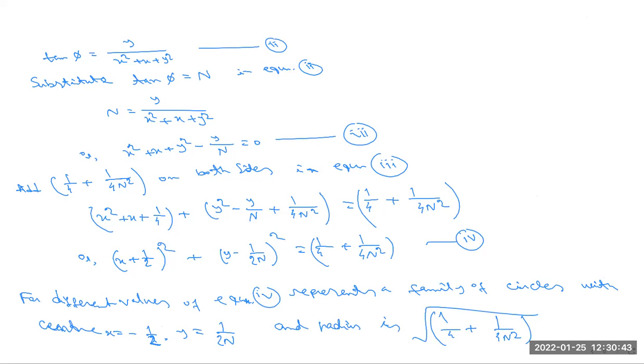Okay, so now we have to prepare the table, the table of the n circles. This is the value of angle phi. Another one, that is n equal to tan phi.